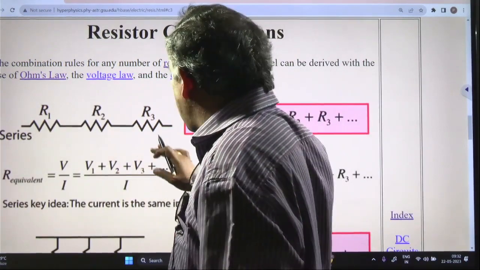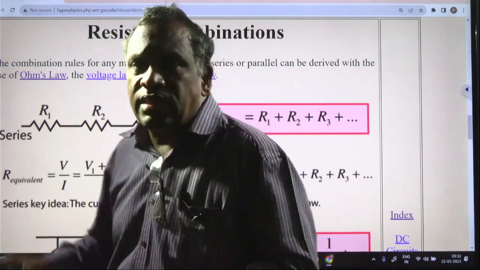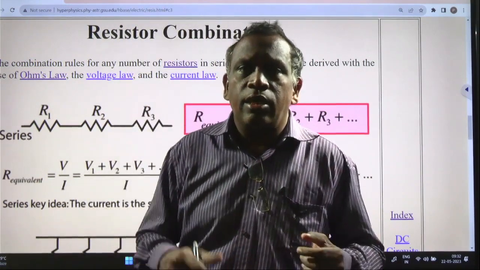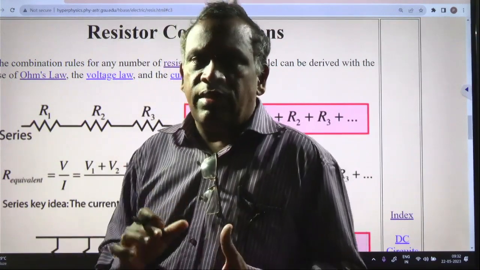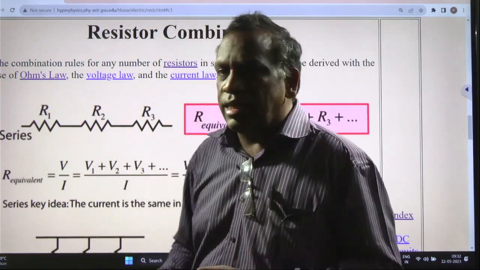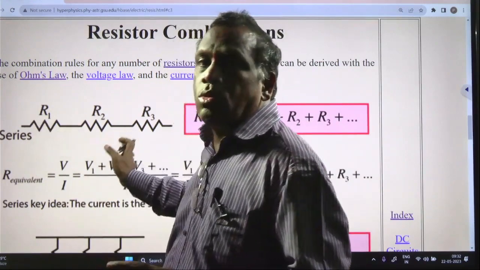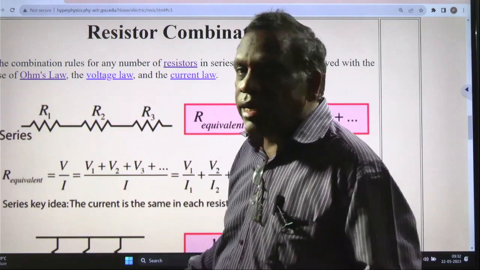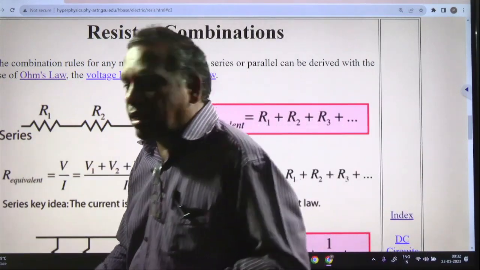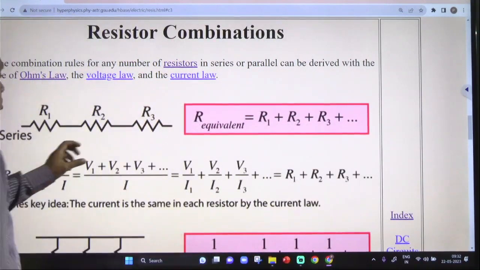Similarly, when resistors are connected in series, the same current flows through all the resistors, and the total voltage is the sum of the individual voltages.